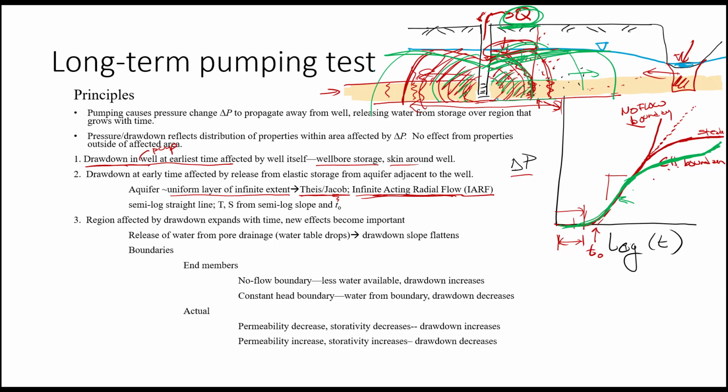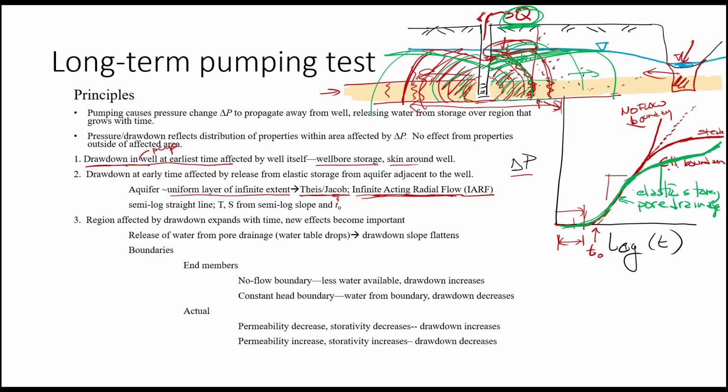Okay, so this would be, let's say, a poor drainage, and so this would be a switch from, say, elastic storage to poor drainage.